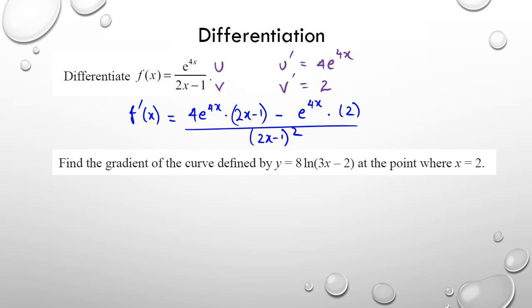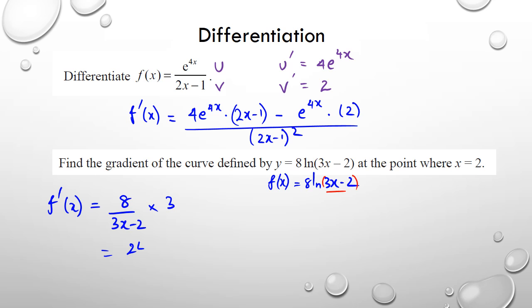The second achieved in differentiation, we've got: find the gradient of the curve defined by this equation at the point where x equals 2. We call this f of x equals 8 ln of 3x minus 2, which means f dash of x would then equal 8 over 3x minus 2 multiplied by the differentiation of whatever's inside the bracket, which is 3 in this case.